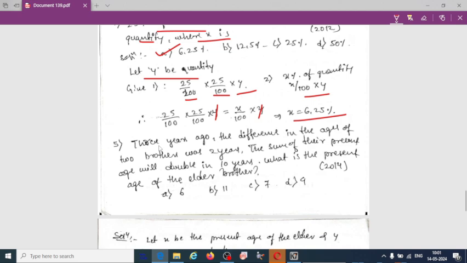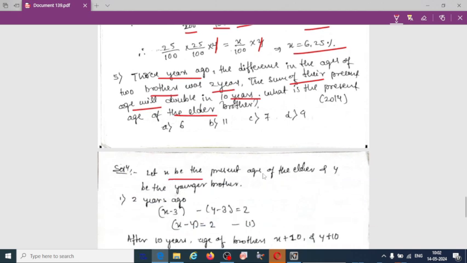So 3 years ago, the difference in the ages of two brothers was 2 years. The sum of their present ages will be double in 10 years. What is the present age of the elder brother?